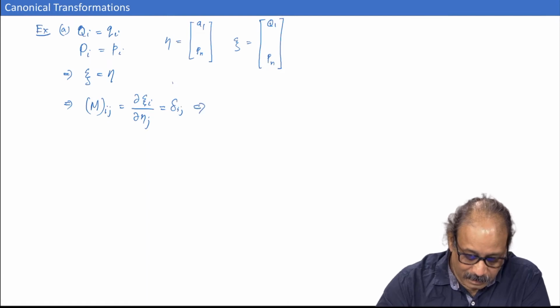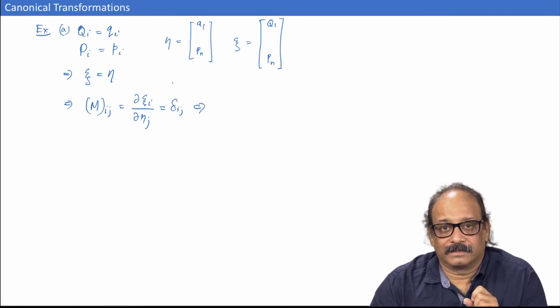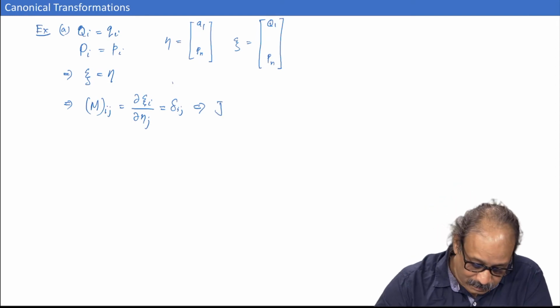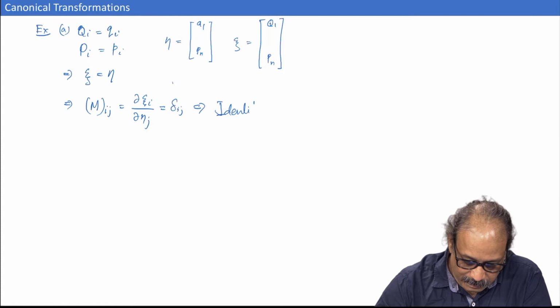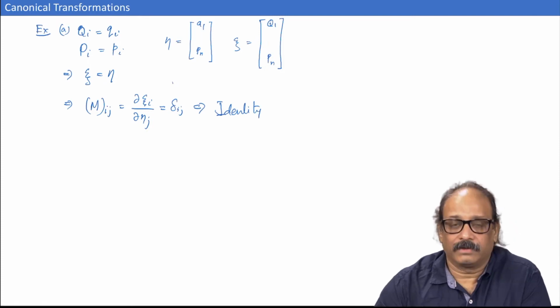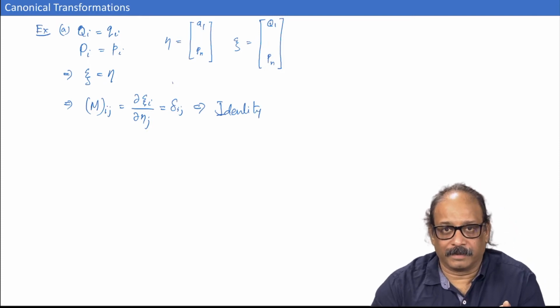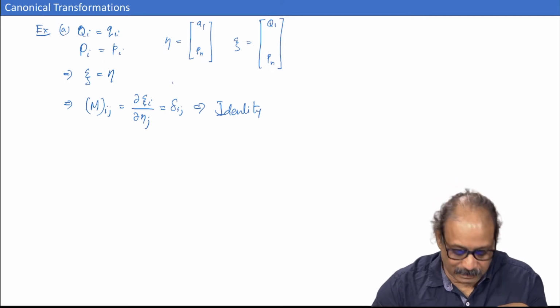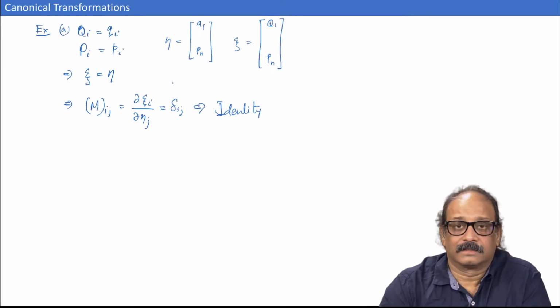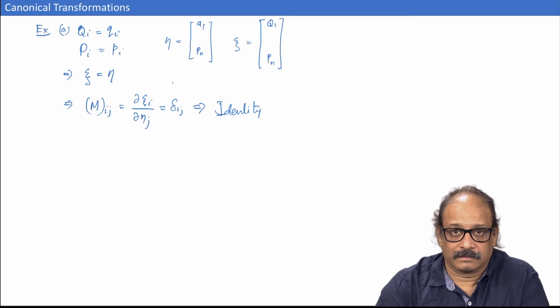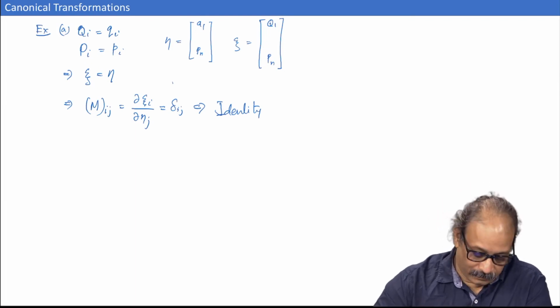What does that mean? That means Jacobian matrix in this case is identity matrix, and we already know identity matrix is also symplectic by the definition of symplectic matrices. So, this transformation is canonical transformation. We already knew that from the first lecture.